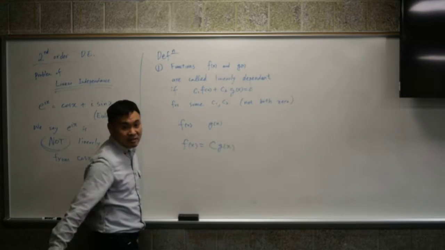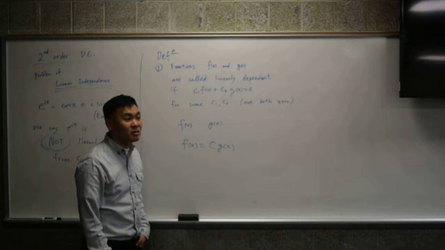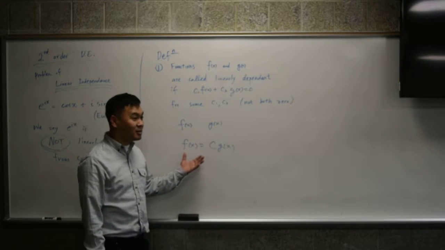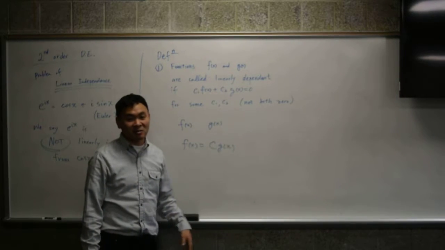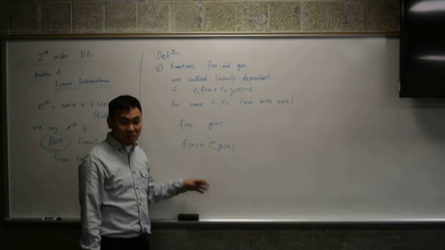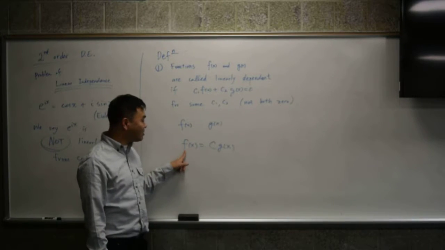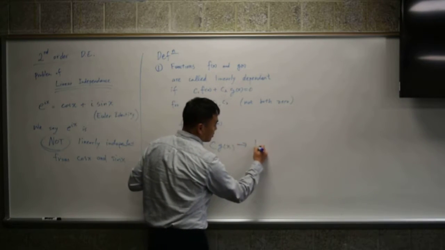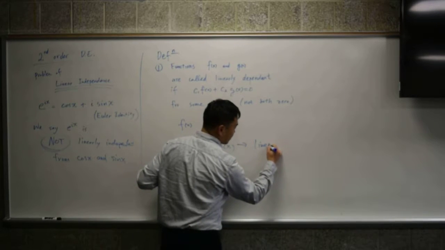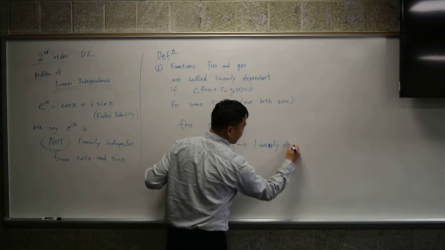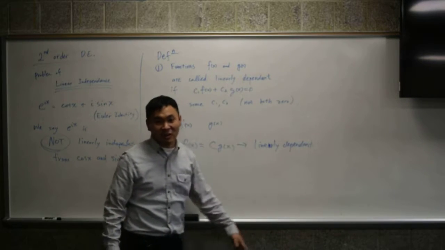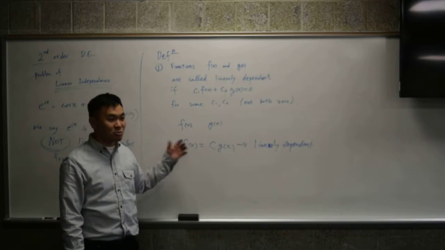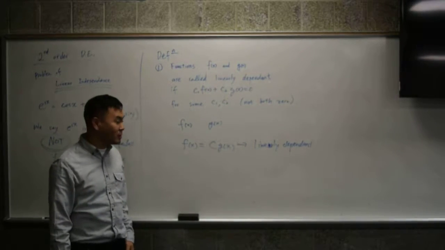Is that good or not? No, that's bad. That means this is not something new, so you have to go back and search for some other solution. This is what we call linearly dependent. Linearly dependent means bad. You have to work harder to find independent solutions.